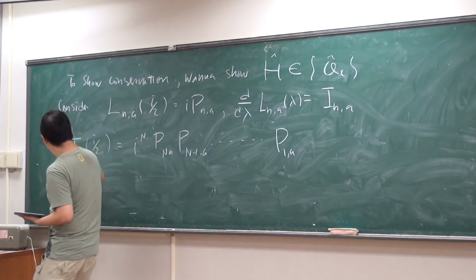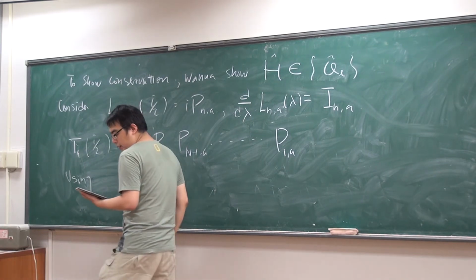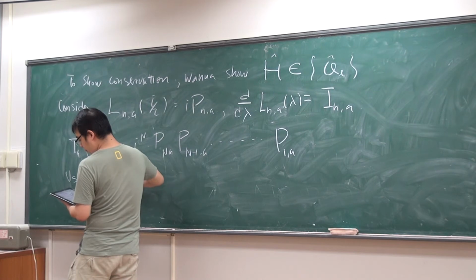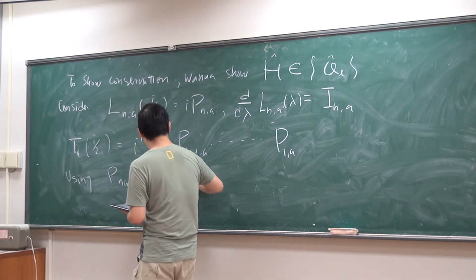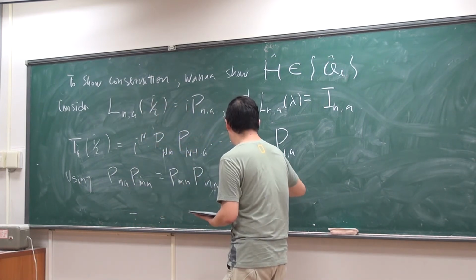But magical things happen if we now trace over A. Using the properties of the permutation operator, you should really try to convince yourself this is the case.